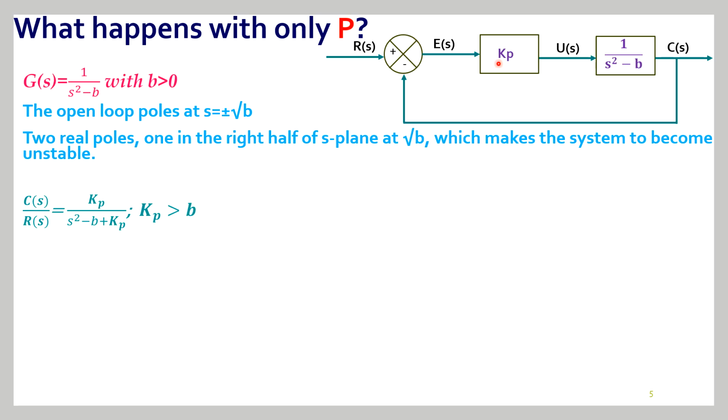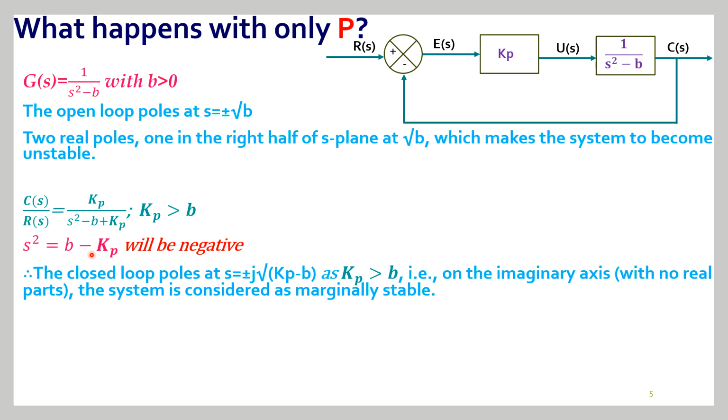So we have added a proportional controller here with value Kp greater than b. The characteristic equation gives s squared equal to b minus Kp. As Kp is greater than b, this value will always be negative. As this value is negative, let us take the j, so s is equal to plus or minus j root of Kp minus b.